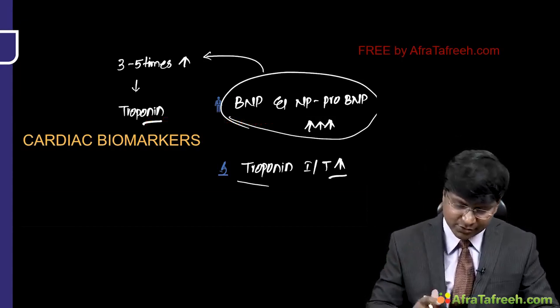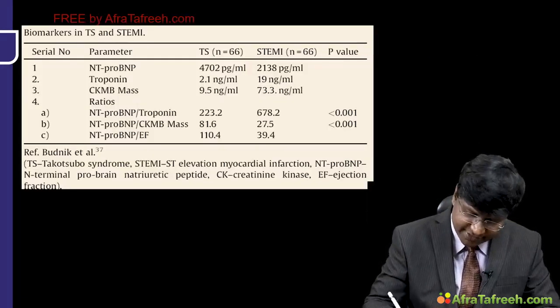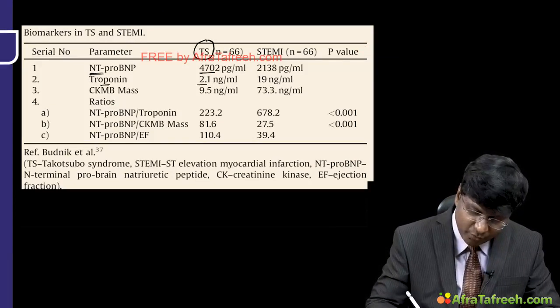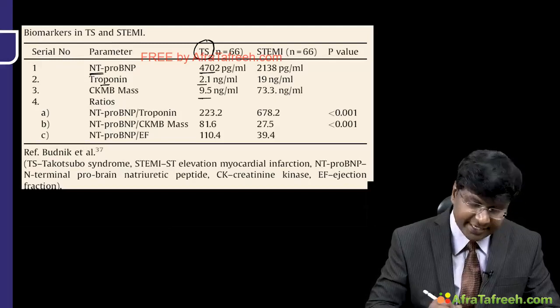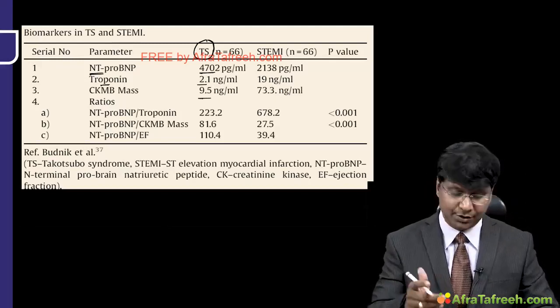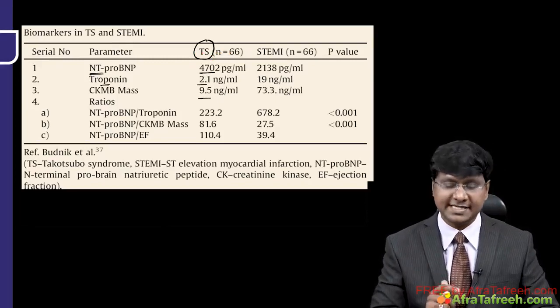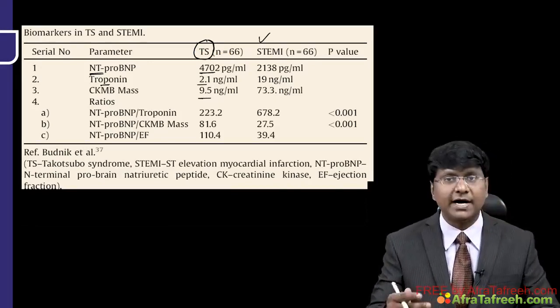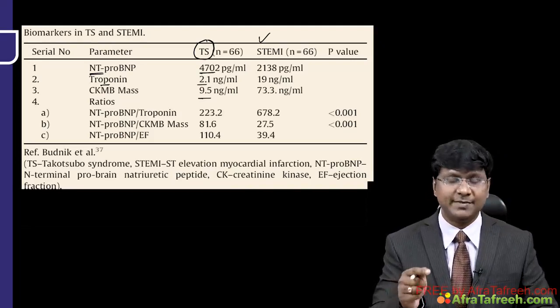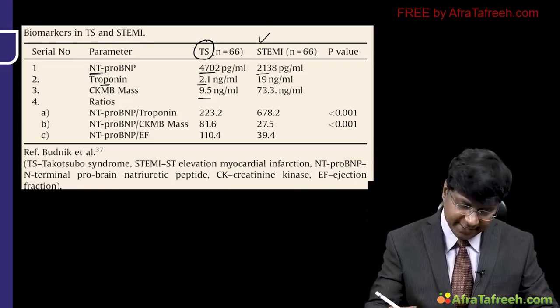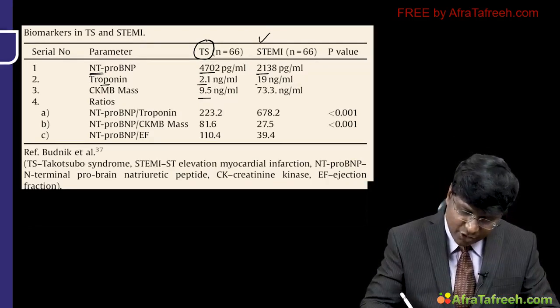I'll just show you a table as well. Okay, so you just observe this table, right? The NT-proBNP in Takotsubo cardiomyopathy is almost 4702, whereas the troponins are 2.1 nanogram per ml and CKMB 9.5 nanogram per ml. So your NT-proBNP is much more elevated compared to troponins and the CKMB. Whereas in case of acute myocardial infarction, that is in case of STEMI, your troponins are elevated, but you see how much they are elevated.